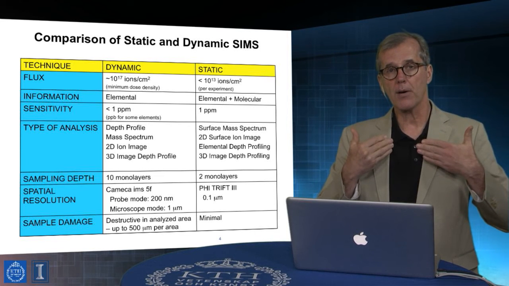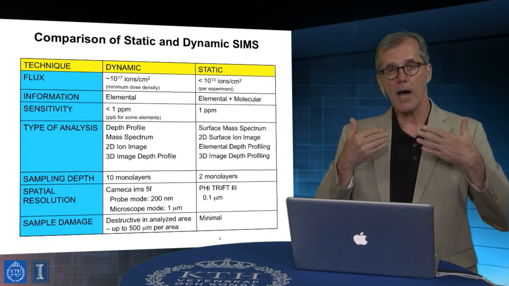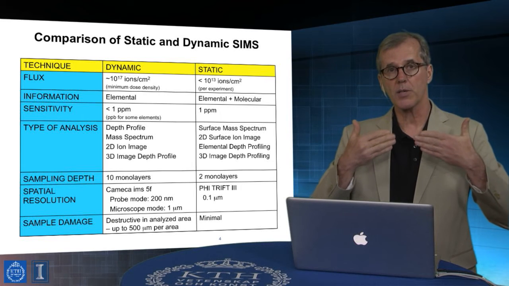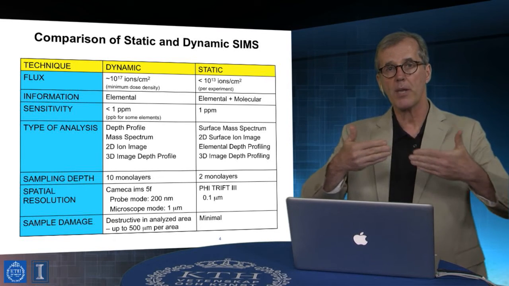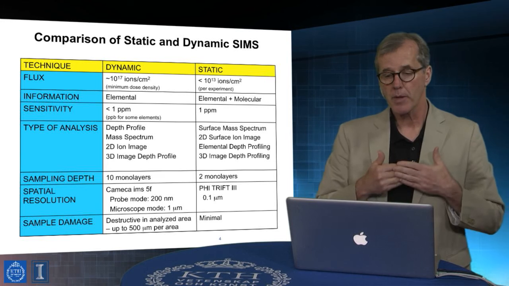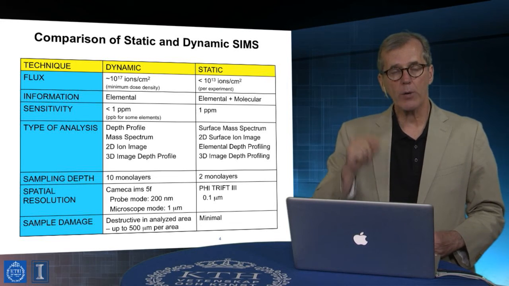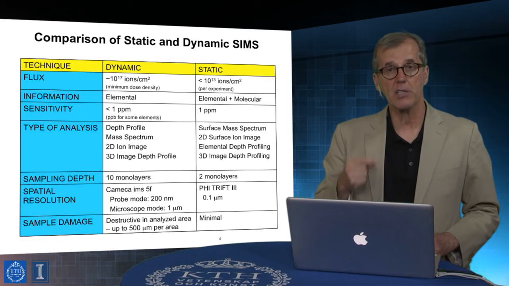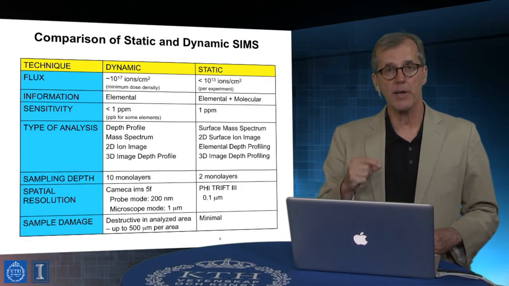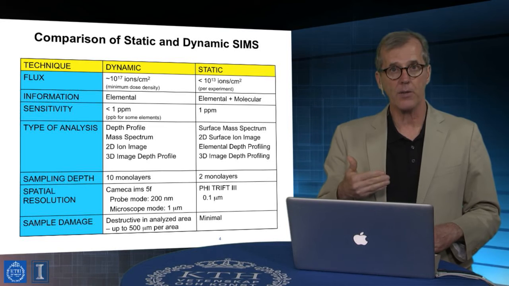We want to look at matter in its extent, so the ion currents used are higher in order to get information about material more penetrating into its bulk. Static SIMS, on the other hand, are measurements that are rigorously considered to be surface-sensitive measurements, because the measurements are done at very low ion fluxes.